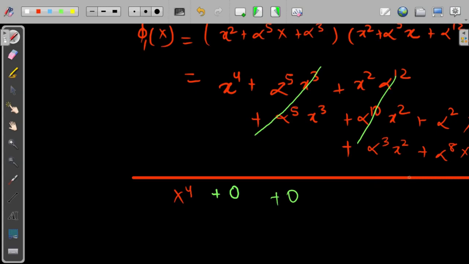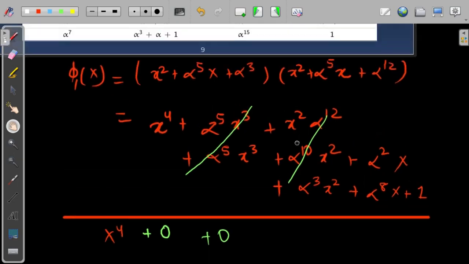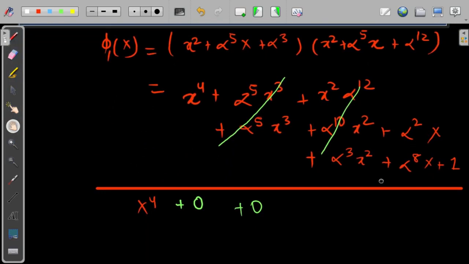And in this case, you will be having alpha square and alpha to the power 8, and alpha to the power 8 is actually equal to alpha square plus 1. So this is alpha square plus 1, so we will have 1 times x.